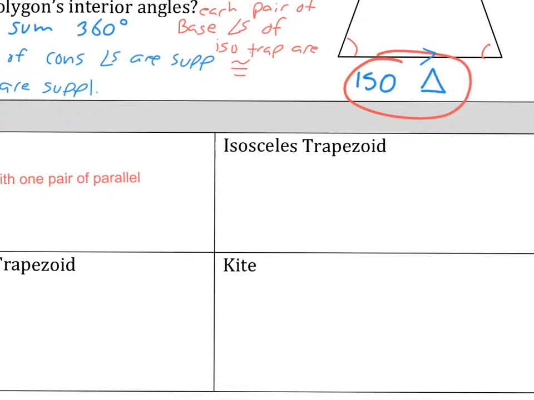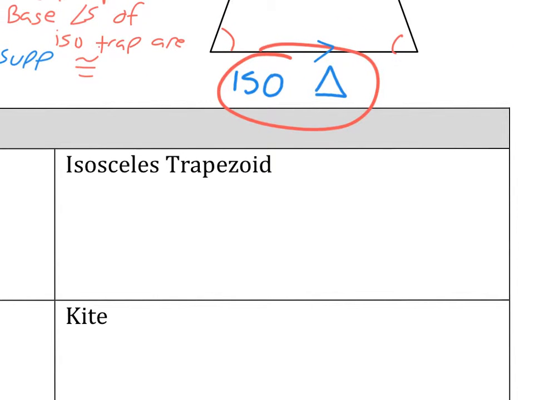Before we can officially define isosceles trapezoid, we probably should draw one so that we know what we're talking about. Here, the parallel sides are called the bases. Each one of them is called a base, which means the non-parallel sides are called the legs.